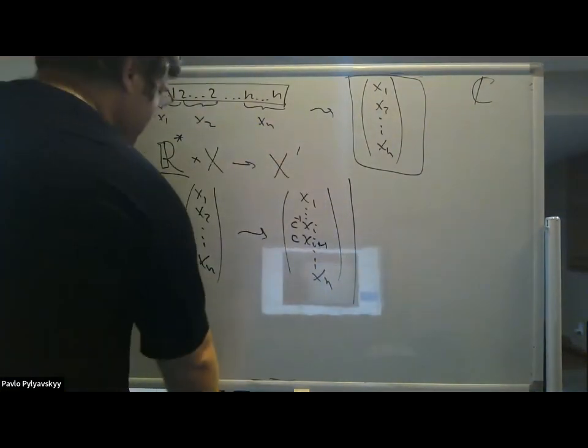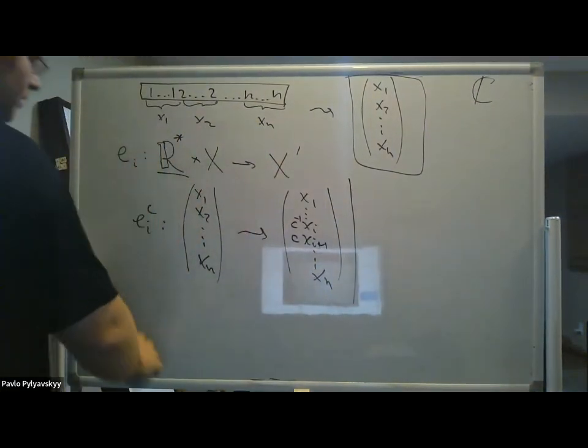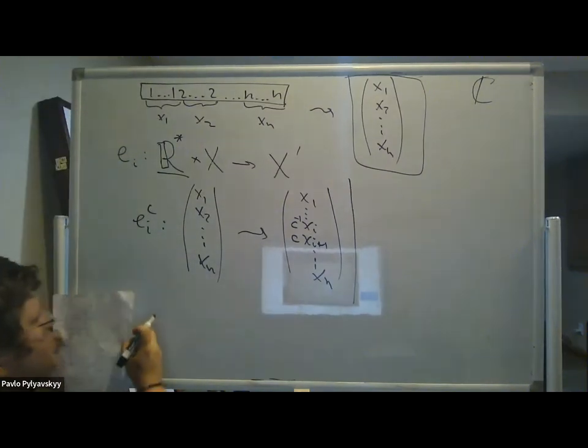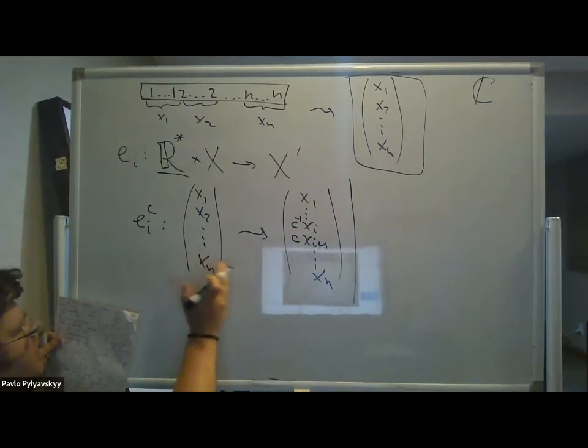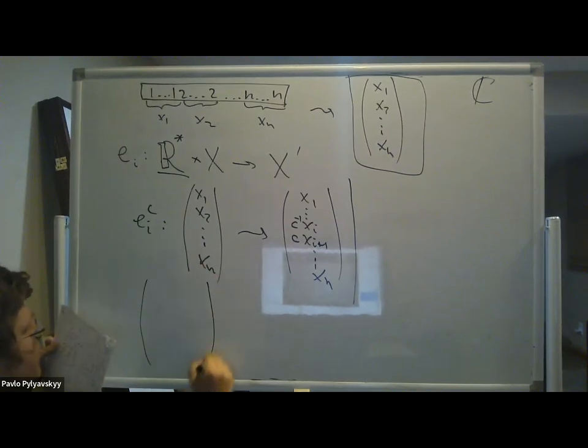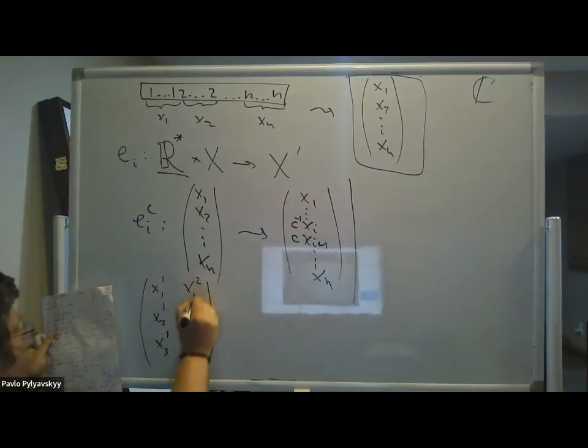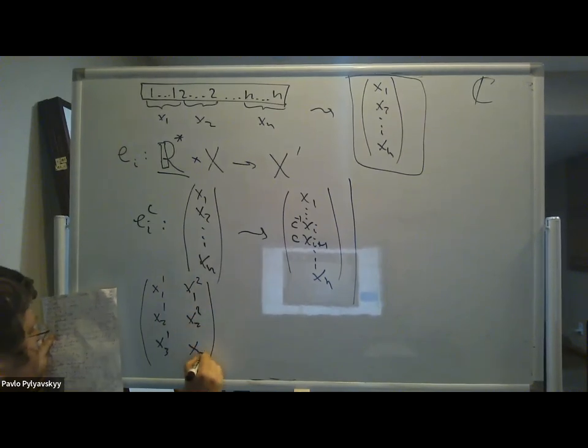Let's say we have several such columns, which I could denote by a matrix, not 1 by n but several by n: x_{1,1}, x_{2,1}, x_{3,1}, and x_{1,2}, x_{2,2}, x_{3,2}.